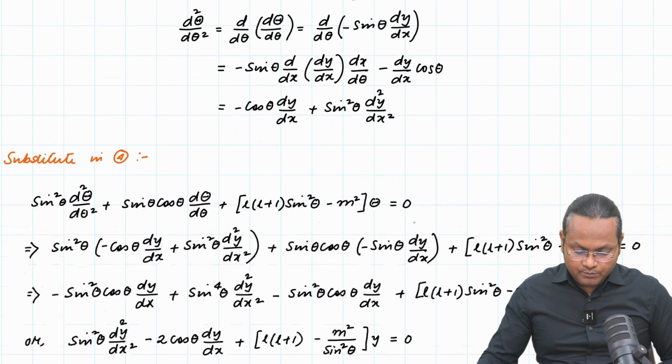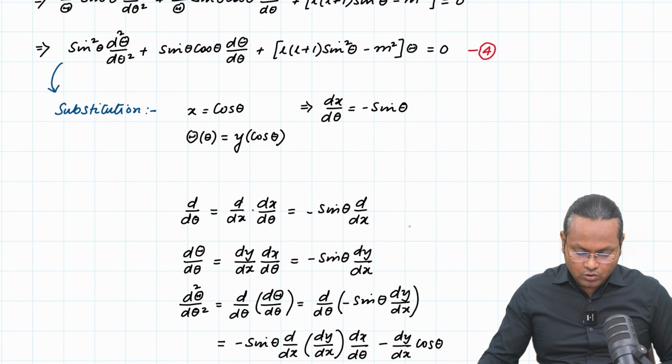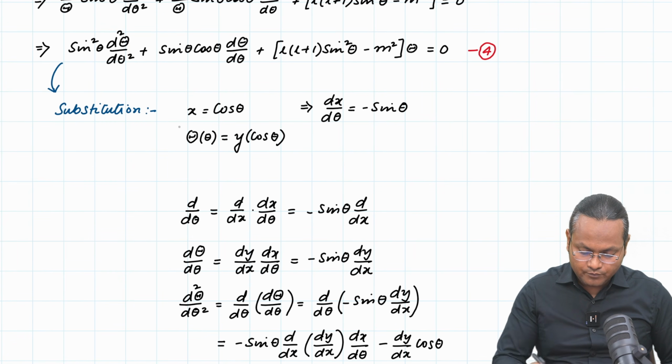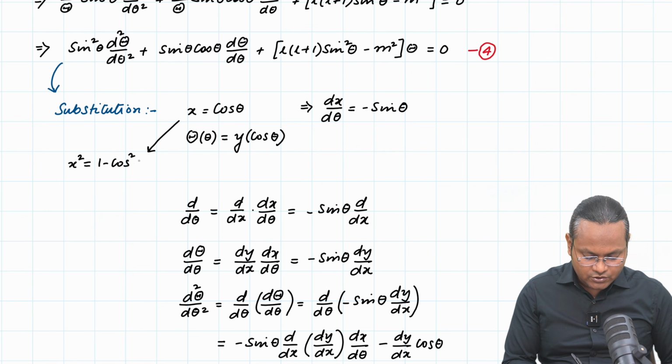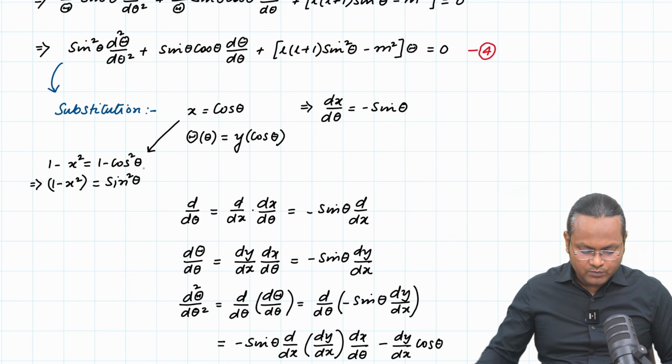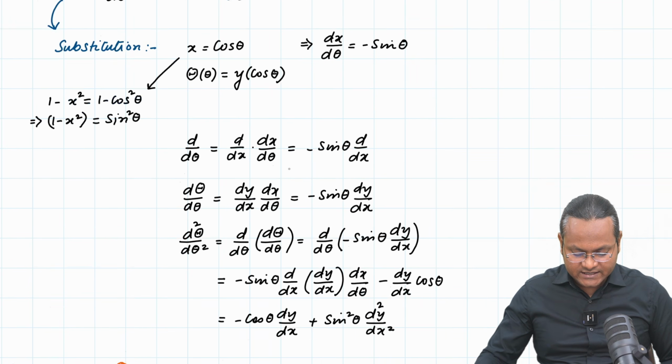Of course, because I've taken x is equal to cos theta, therefore x square is equal to cos square theta, and 1 minus x square can be written as 1 minus cos square theta. Therefore, 1 minus x square equals sine square theta, right? I can replace the sine square theta with 1 minus x square.